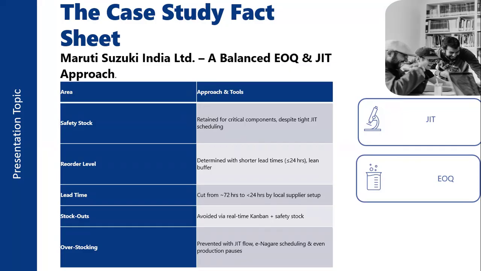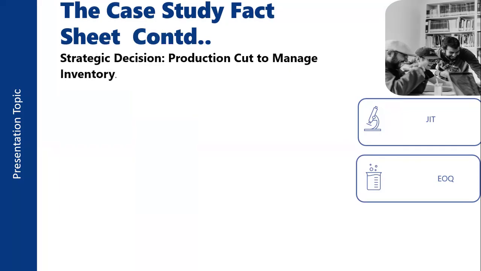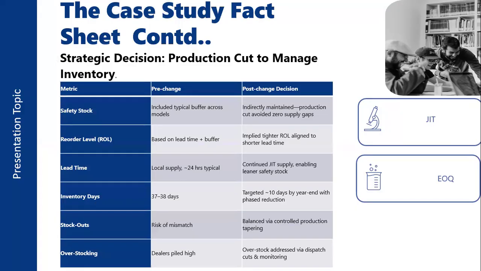It talks about reduction of lead time, stock out situations to be adjusted with Kanban and safety stock, overstocking to be coupled with GIT flow, and most importantly, reorder level adjusted to buffer time, lead time reduced to within 24 hours, and stock out and overstocking situations handled by control of production level. And it was the decision when Maruti called a day that production must be cut to manage the inventory system.